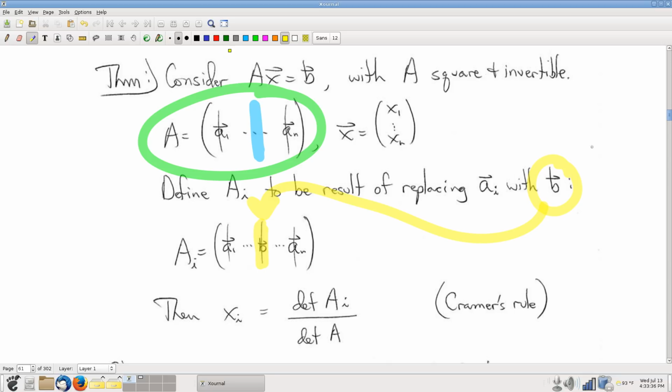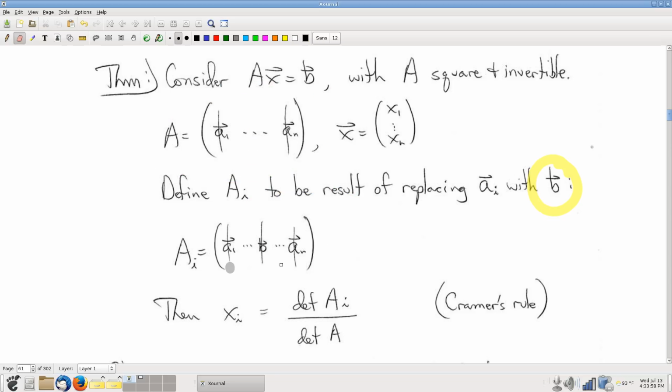Everything else will stay the same, so all of these columns don't change. Right? I'm just going to replace what had been the ith column instead with the b vector, namely the right-hand side from the system. What an odd little definition.